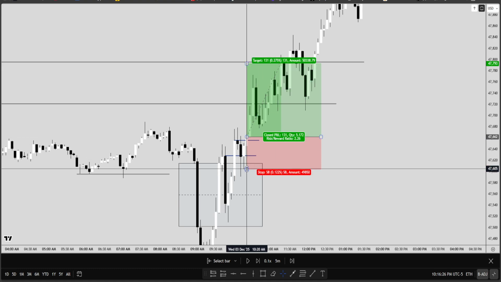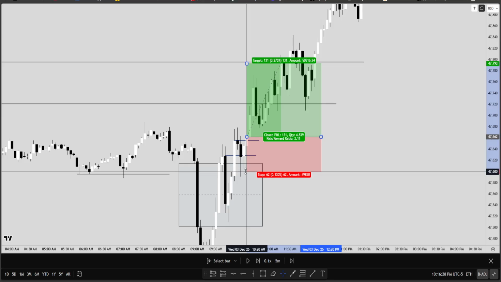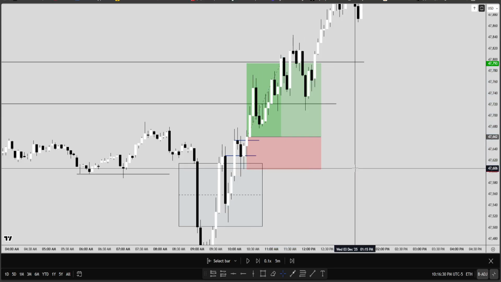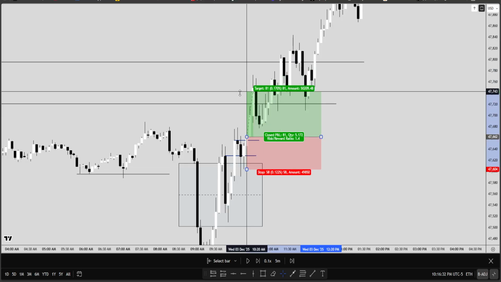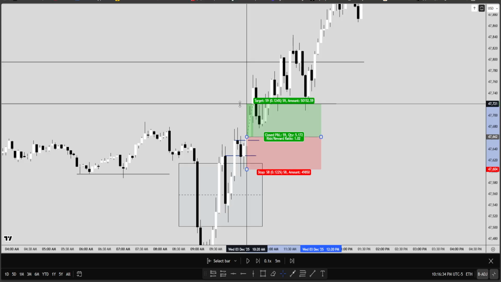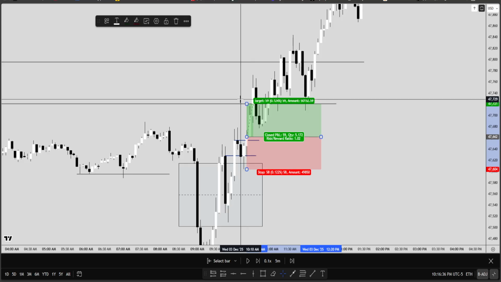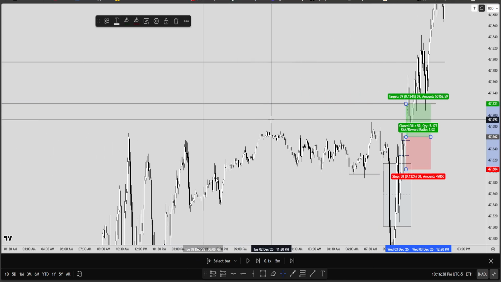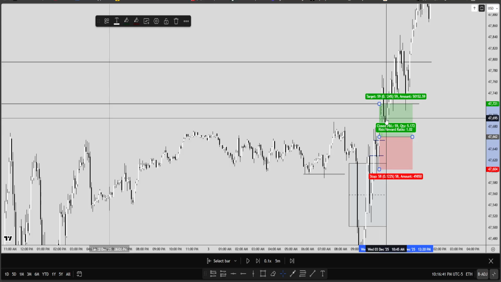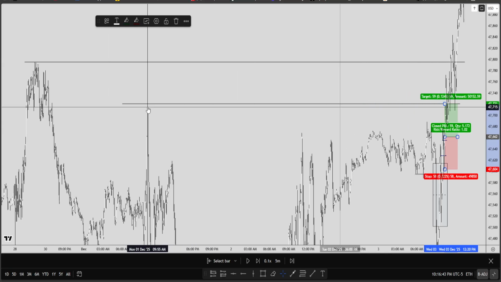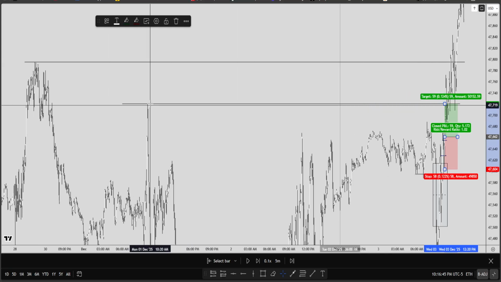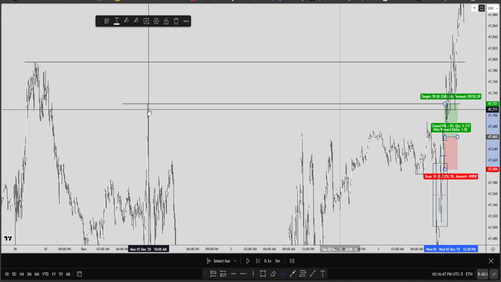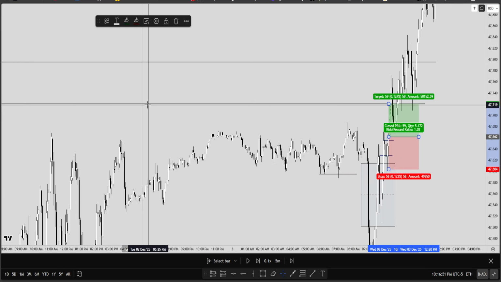I just didn't really want to have it all the way here, to be honest, but this was perfectly fine for me. I actually broke even right here at this point, because something that you guys have to understand is that yes, if YM is the strength leader, we did hit a higher time frame PD array, and this was actually the current weekly high.